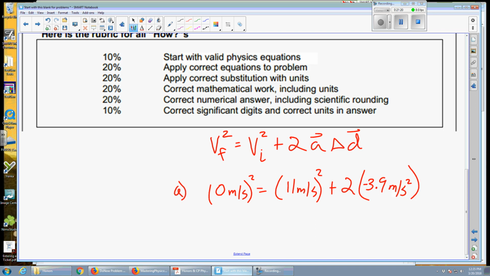And that's actually negative 3.9. And then just delta d. Otherwise, I get an imaginary number, which is good.